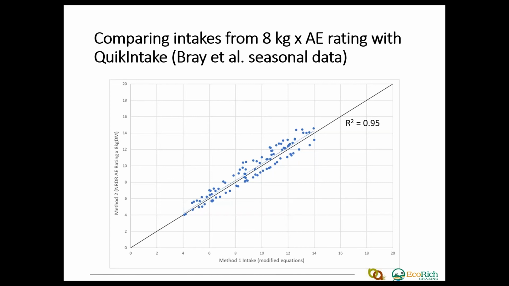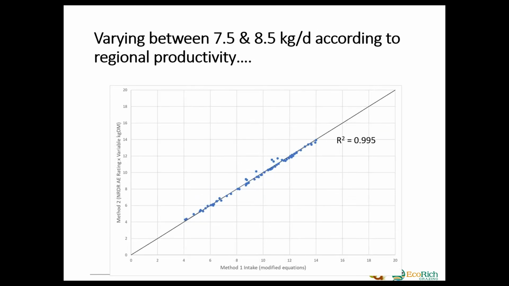The next step of that was to look at varying the intake constant rather than leaving it fixed at 8, and applying 7.5 to 8.5. So the default is 8 kilos to account for the different diet quality or pasture quality on average over the year across the north, and as you all know, there's a fair variation there.